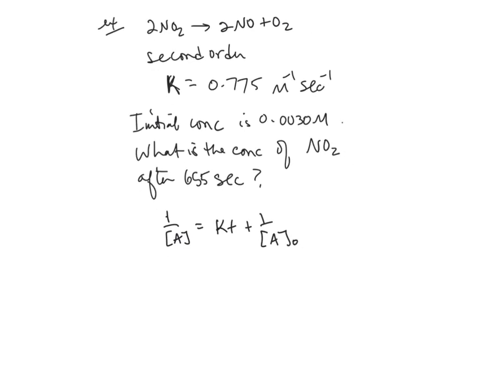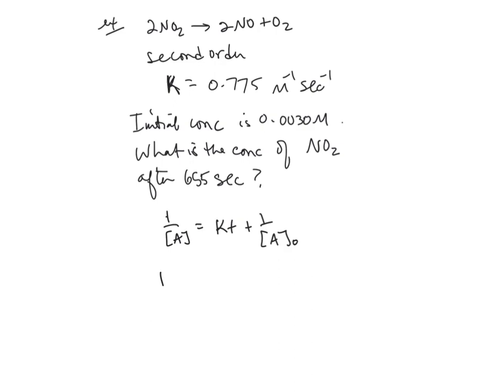And we have our initial concentration right here, 0.0030. The value of K, 0.775. And we are given time, 655 seconds. We can calculate 1 over A and then take the reciprocal of that to get the concentration A, which is the concentration at time t, 655 seconds.